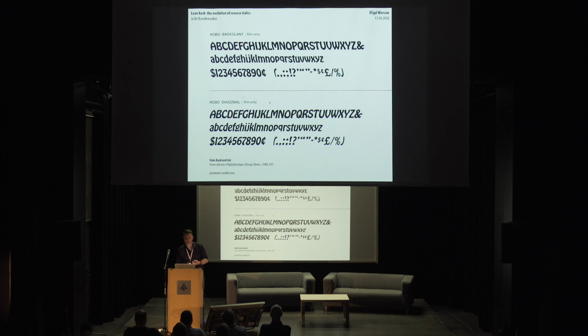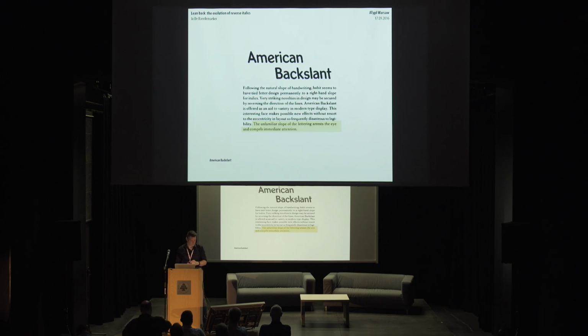It's a pity that James Edmondson is not here, because he's the lover of the Hobo typeface, and I believe that he's going to kill me for showing this. But even the Rider phototype offers a backslant version and a manipulated diagonal version of this specific type.